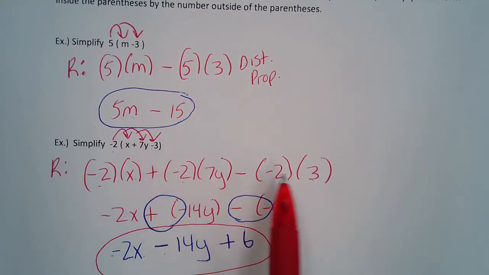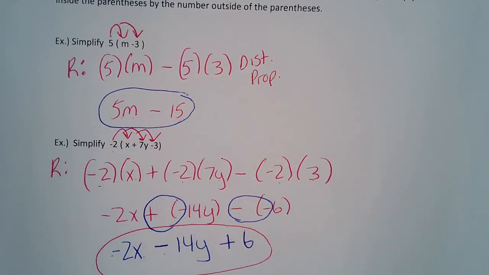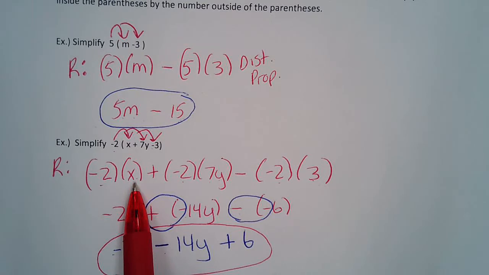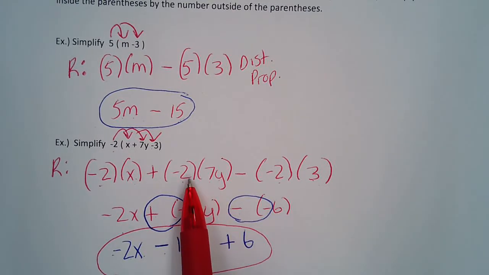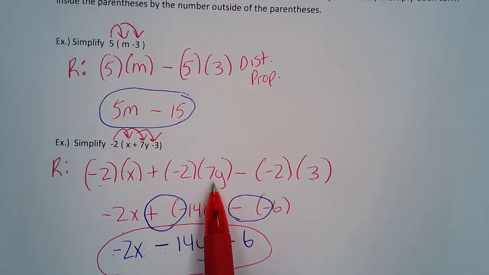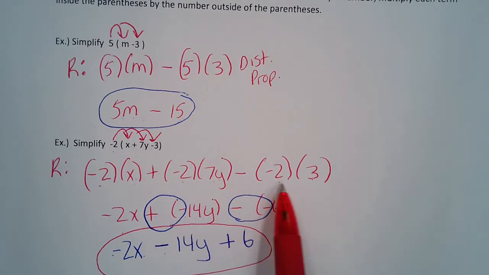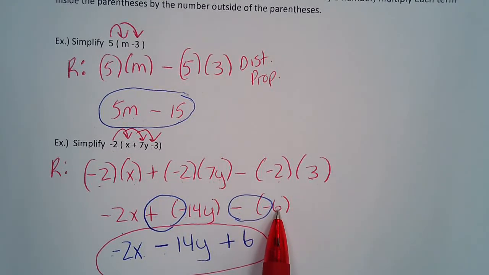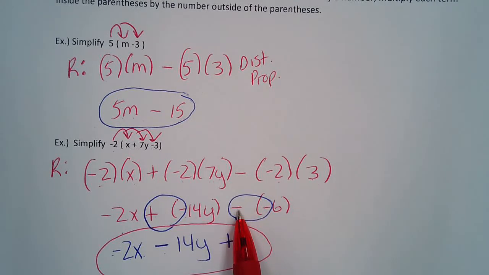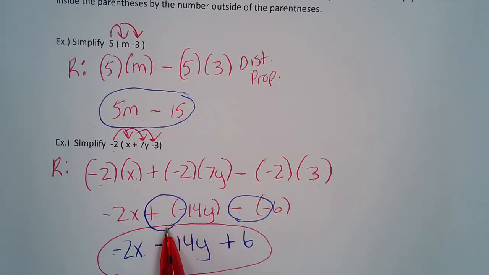And negative 2 times the 3. Now you just multiply, making sure you remember your rules for multiplying negative and positive numbers. So negative 2 times x is just negative 2x. Negative 2 times 7y is where I got negative 14y from. And negative 2 times 3 is where I got negative 6 from. This sign came down. This sign came down.